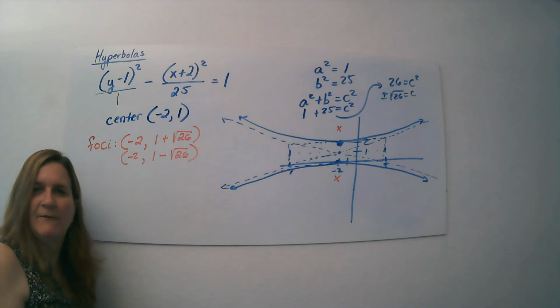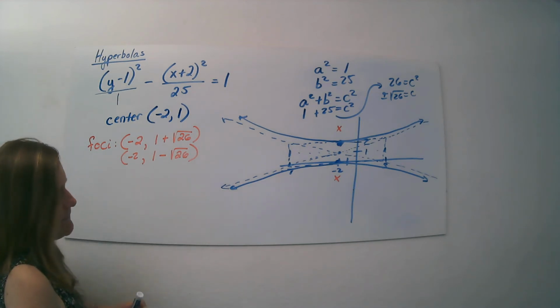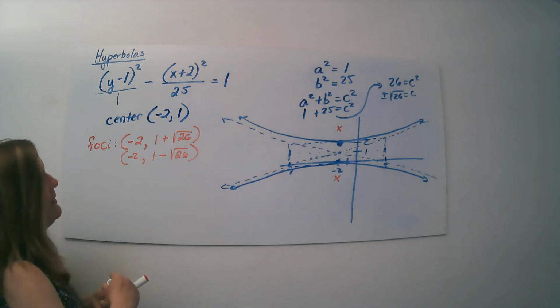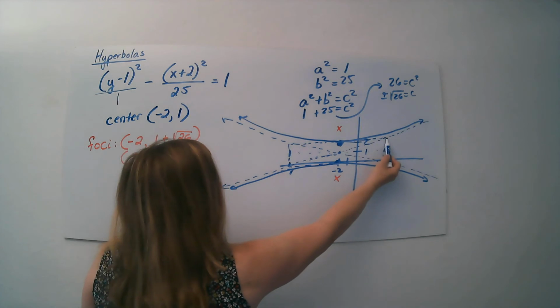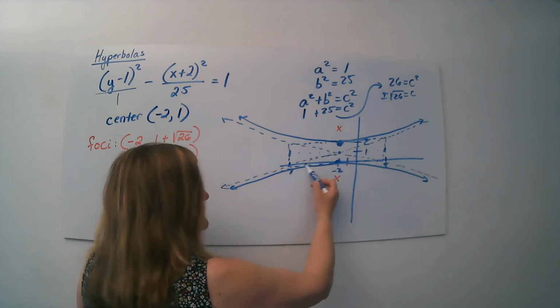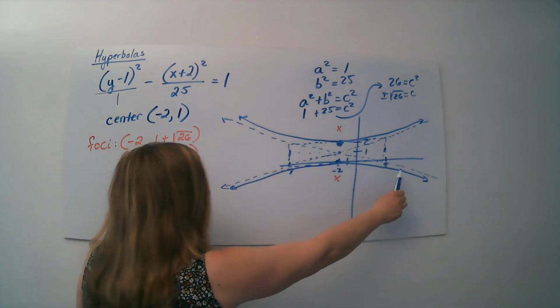And last, I'm going to find the equations of the asymptotes. Now we have the information about the slope just by looking at our graph. Notice the rise of 1, the run of 5. So the slope for this asymptote is 1/5. Similarly, the slope of this line is negative 1/5.